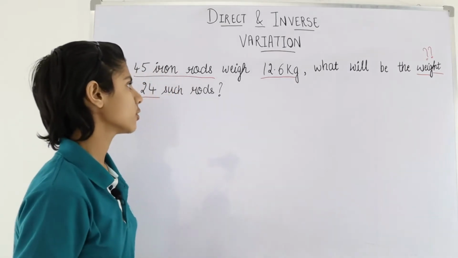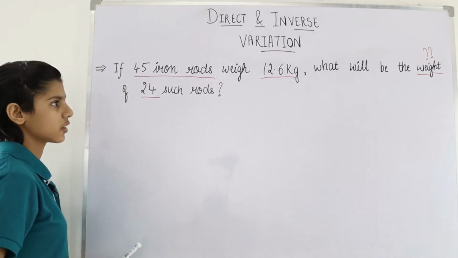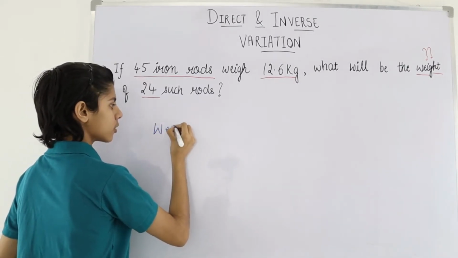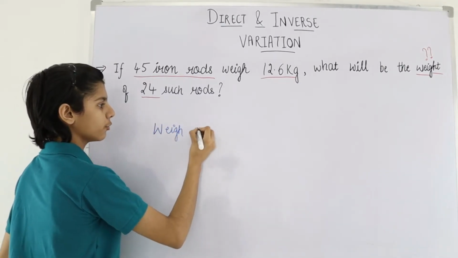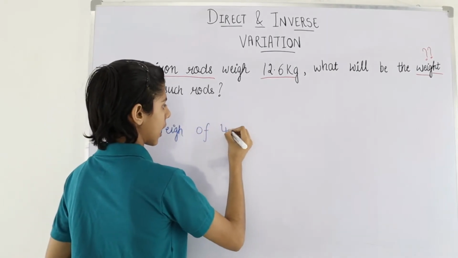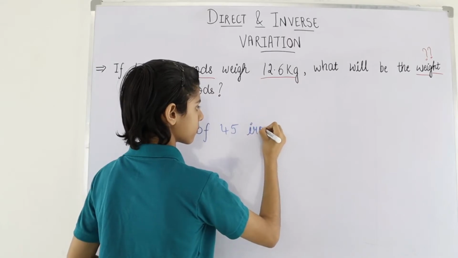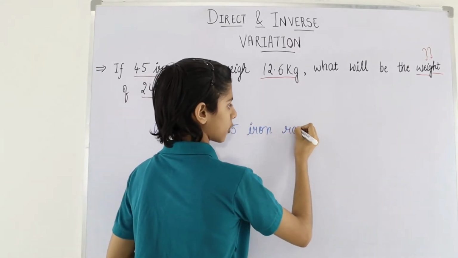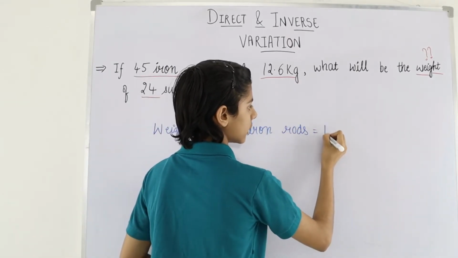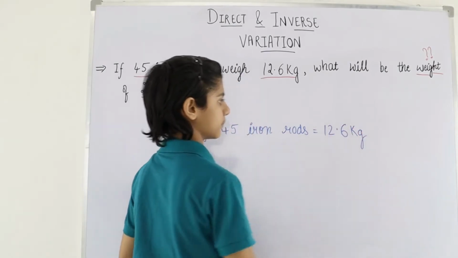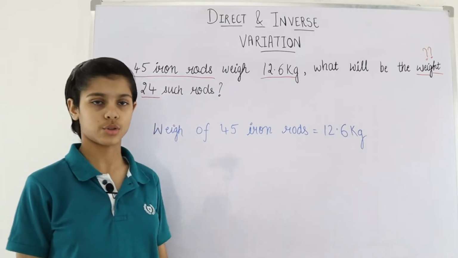So in this question, for solving it, firstly we will write weight of 45 iron rods. Weight of 45 iron rods is 12.6 kg, as it is given in the question.